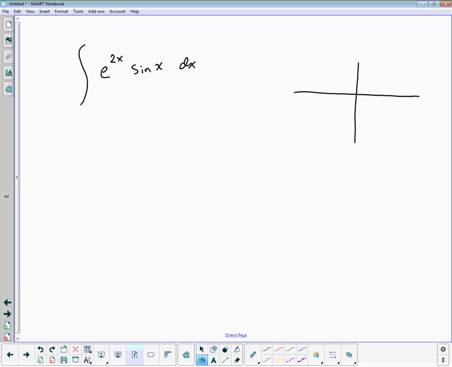What do you want to pick for your U? What goes up here? You want to pick the sign? Sure. du. Okay, what's my dv going to be? Obviously, there's only one thing left. Right? Okay.